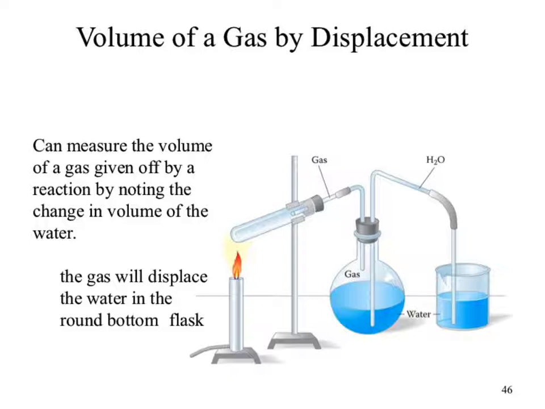But the only place it can go to get away from the liquid is to climb up this tube and move over to the secondary container. So if this secondary container is graduated, meaning it has those markings, I can look at the change in volume there to tell me how much gas was formed. So that's a pretty neat system.